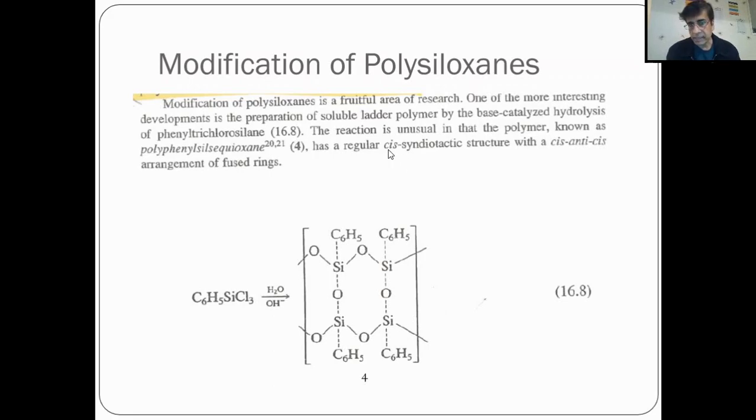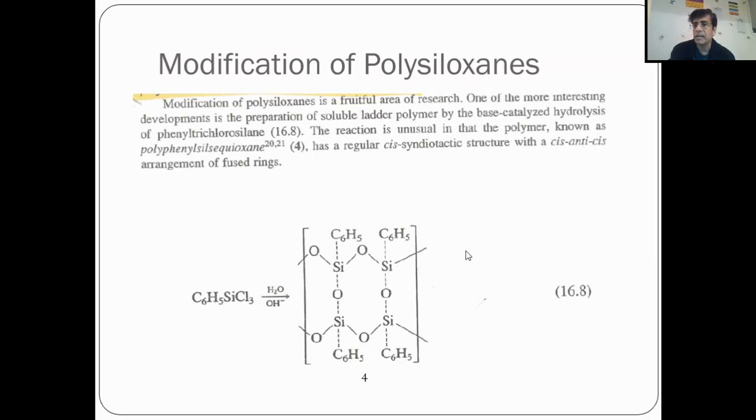Now why is it called cis syndiotactic structure? With a cis anti-cis arrangement of fused rings. So this is the first structure, and if you write another structure, in the other structure the C6H5 will be in the down position.